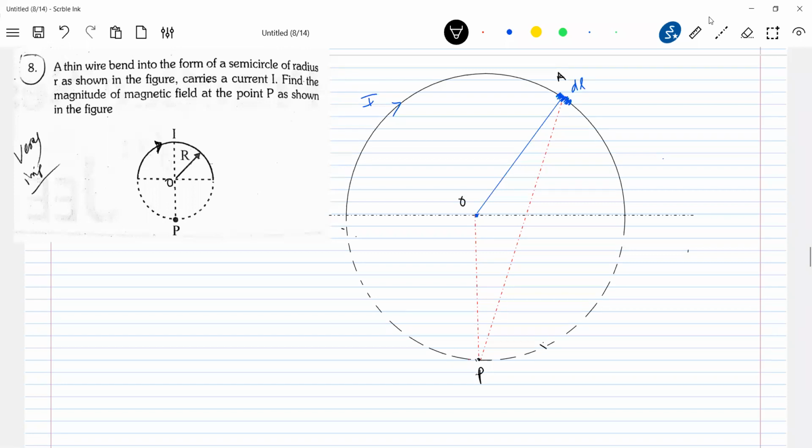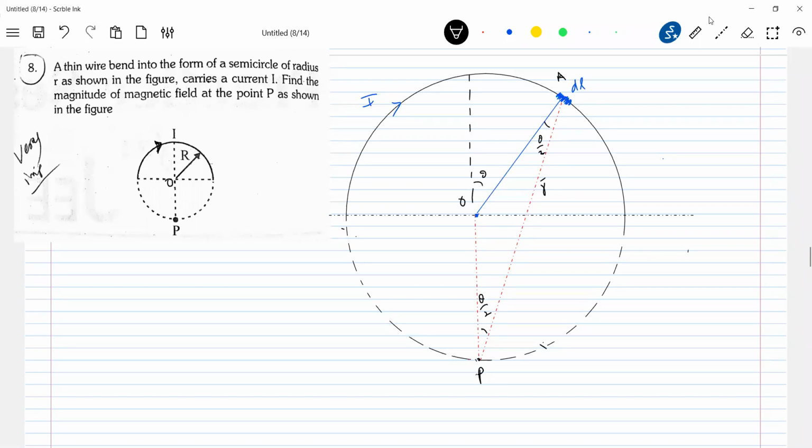Where I picked up the current element, let it be A. So here, this is theta. This is theta, this should be theta by 2. This should be theta by 2. Now this is R bar, R cap, whatever you want. AP bar will be R bar, the position vector.